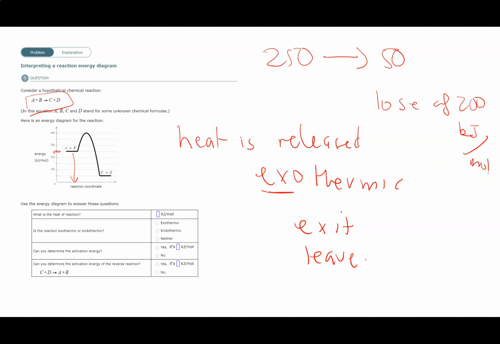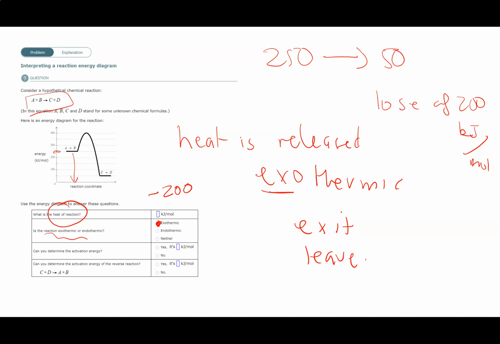The question says, what is the heat of reaction? Heat of reaction means the change in the heat, and in this case it was minus 200 kilojoules, right? Then it asks, is the reaction exothermic or endothermic? Well, heat is lost, so it was exothermic.